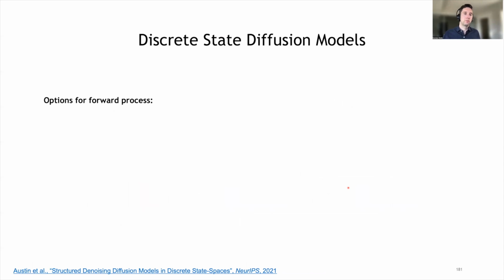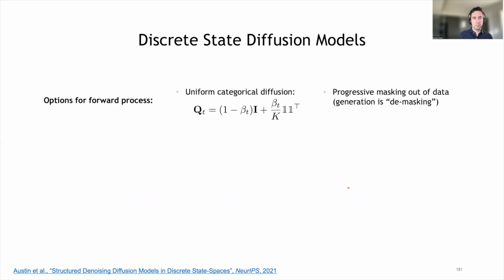In fact, there are different options for this forward perturbation process. One thing is we can use uniform categorical diffusion, where we pull everything towards a uniform distribution over the different categories, like I've just shown. We can also progressively mask out the data, where we pull everything into one particular state.